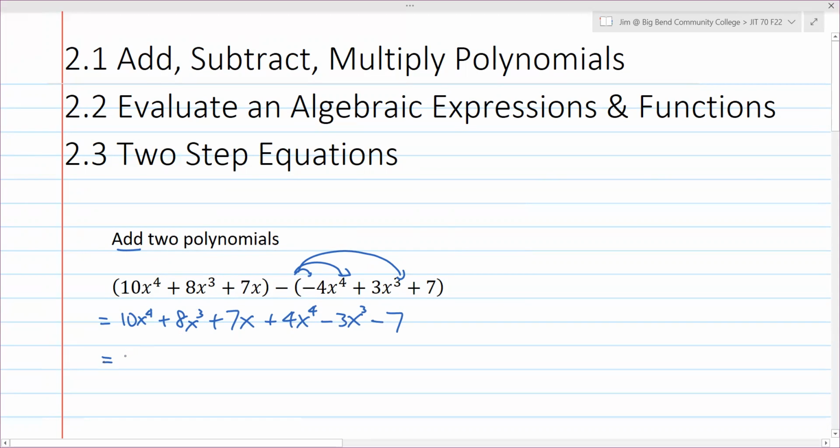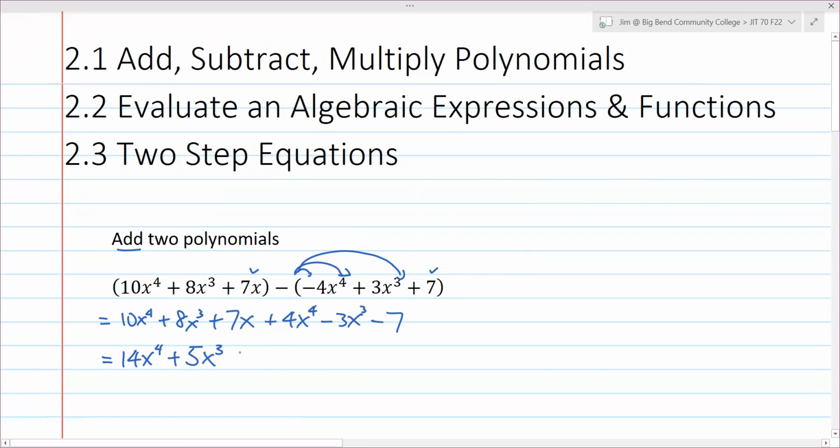And then eventually you can add the like terms, which is 14 times x to the 4, plus 8x cubed minus 3x cubed gives you 5x cubed, right? And then we have 7x and 7. Can we add them up?